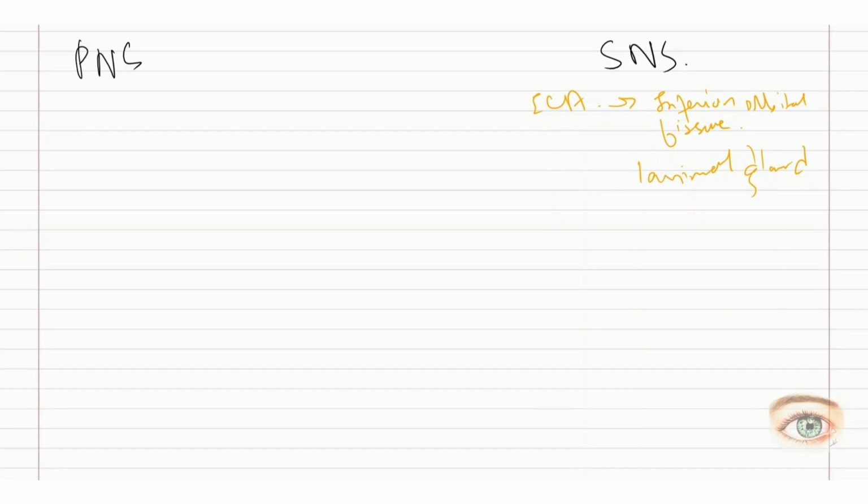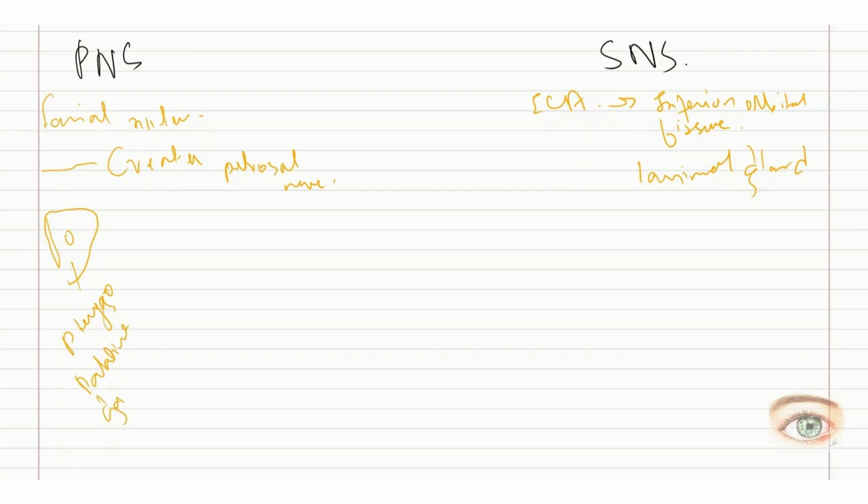So what will happen is that the facial nerve fascicles from the facial nucleus, the lacrimatory nucleus, will travel and will make the greater petrosal nerve, and then they will enter a ganglion which is named the pterygopalatine ganglion, and then together with the sympathetic fibers they will enter the lacrimal gland.